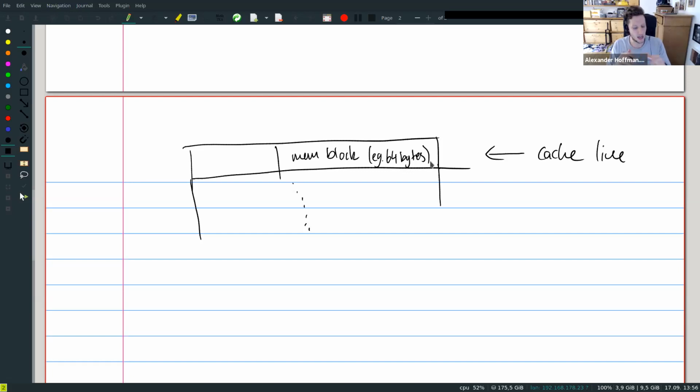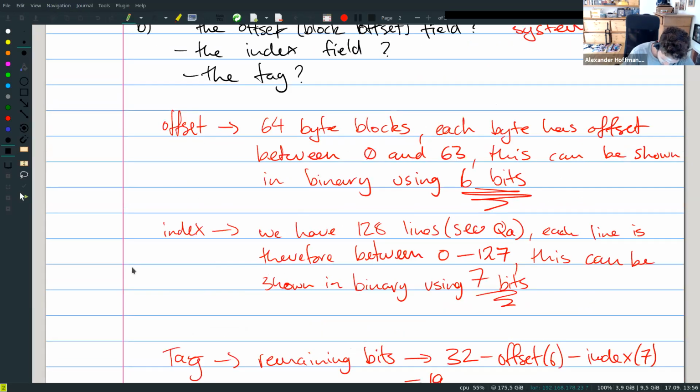So every cache line has this memory block, 64 bytes in our example, but it also needs to store the tag of the current block here. So my question to you, am I at C now? Yes, C.